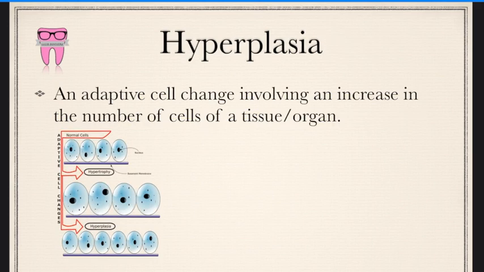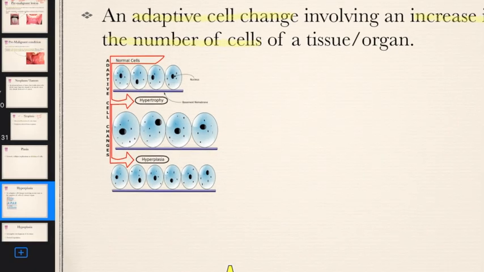Now, coming to the next word, we have hyperplasia. Plasia, we know, is cell division. Hyper means increased. So, with the name, we got to know that it's increased cell division. So, let's look into its definition. It is an adaptive cell change involving an increase in the number of cells of a tissue or organ. Here you have a picture.